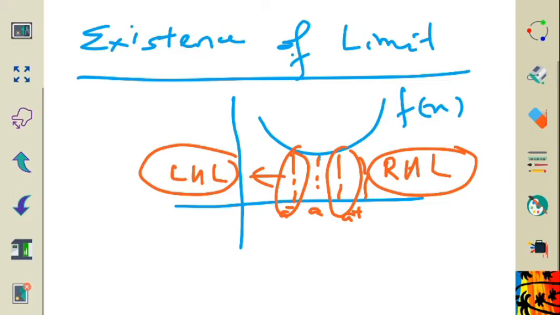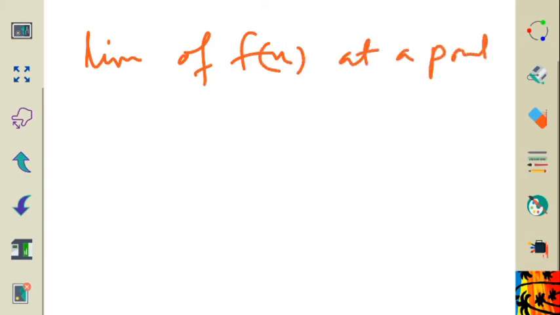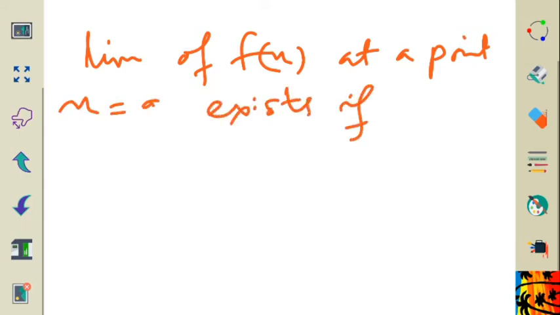So the various conditions under which limit exists, I am noting it down. Remember children, limit of f of x at a point x equals a exists if left hand limit is equal to right hand limit.